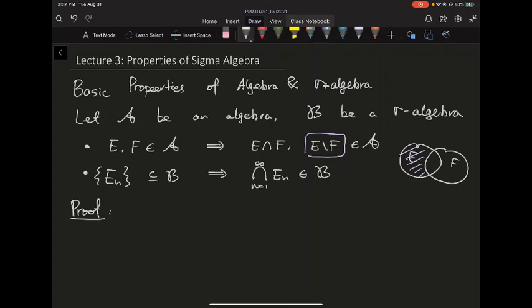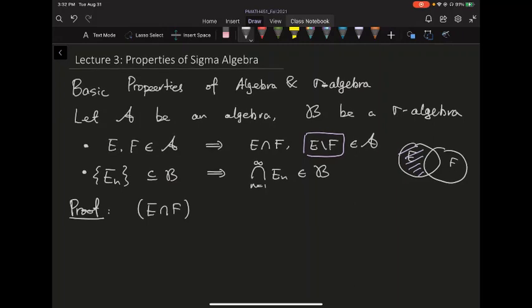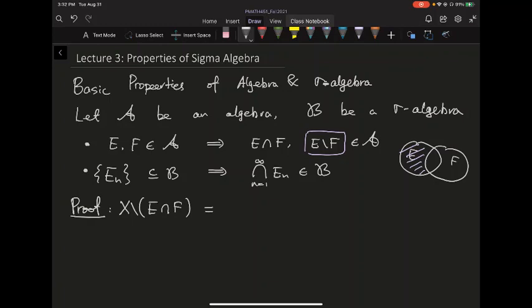So first of all, to show that E intersect F is in the algebra, what we can do is consider its complement. Well, the complement of the intersection is the union of the complements.